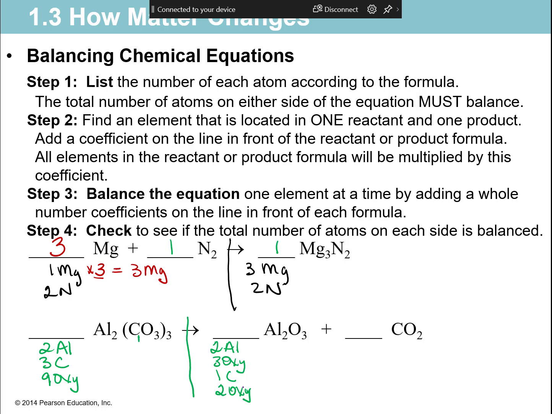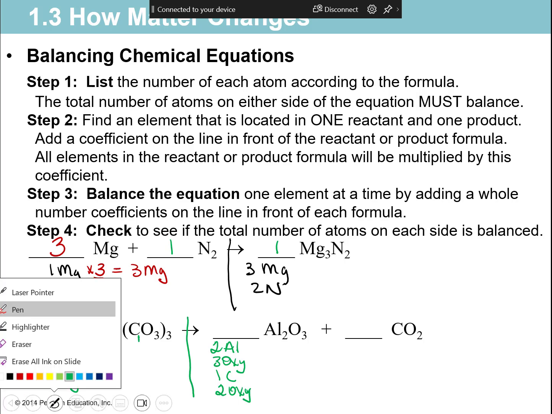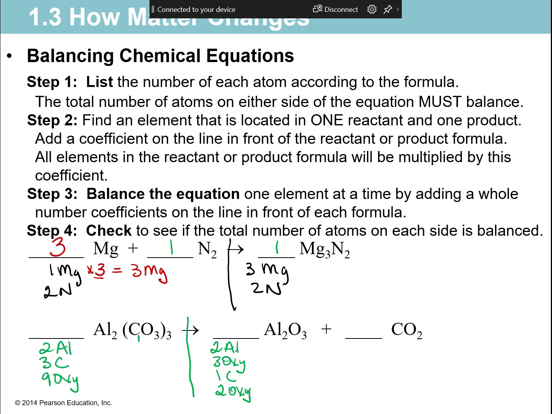So do I have to balance the aluminum? No. So aluminum's already balanced, so that one's 2 and 2. What about carbon? Okay, so I have 3 carbon on the left, 1 carbon on the right. Which side do I change? The right. You're always going to change the lower number. What do I have to multiply by to make it balance? So I have to do times 3 to make 3 carbon.